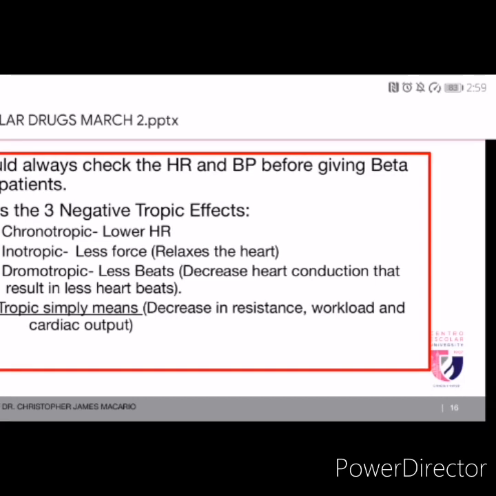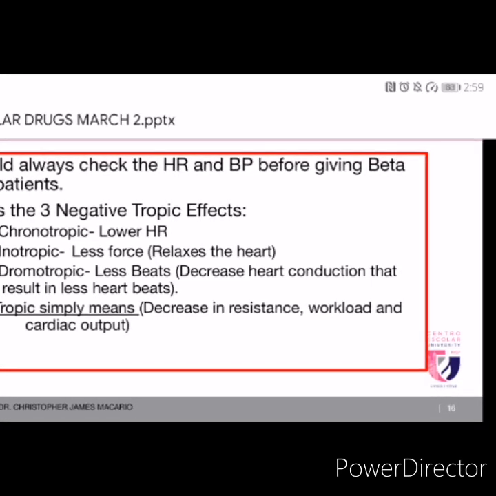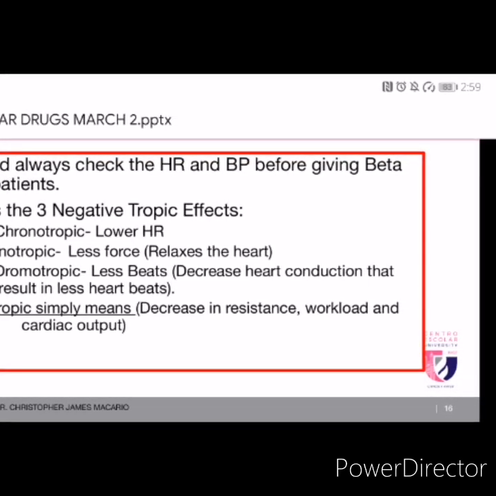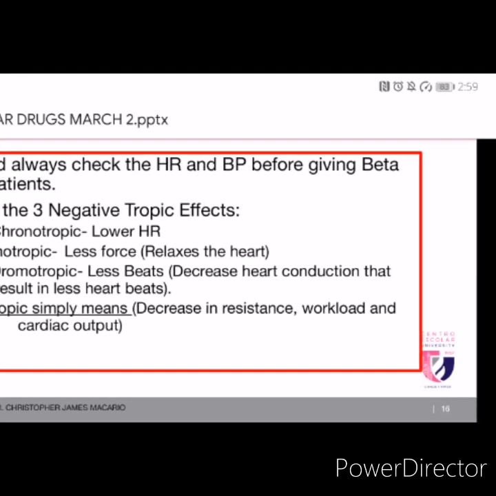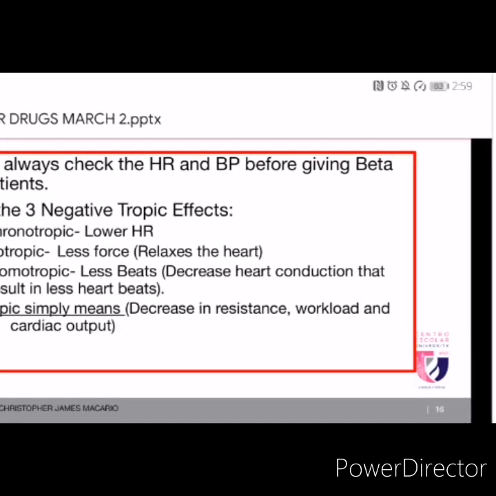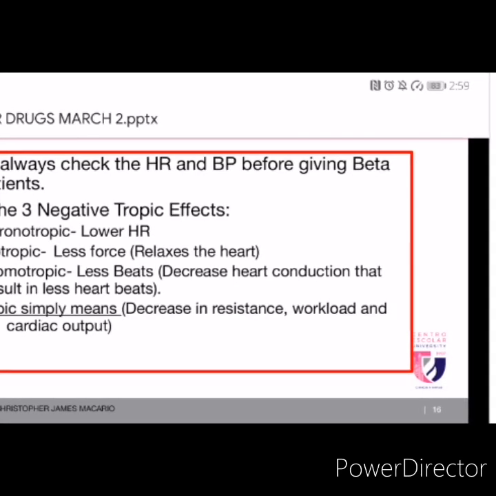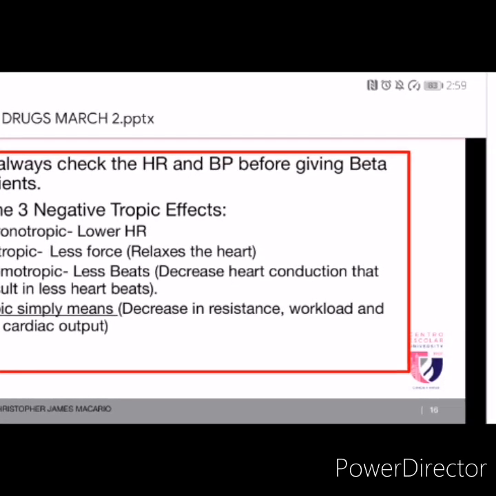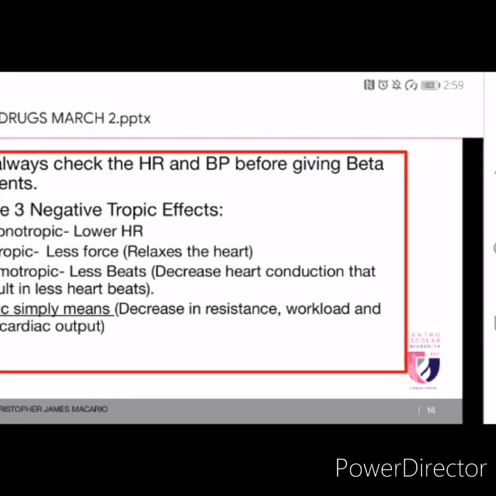Kasi nga kapag may problema sa heart, okay, bumibilis yung heartbeat natin. And by decreasing or lessening the force of contraction of the heart, okay, so nare-relax natin yung heart.